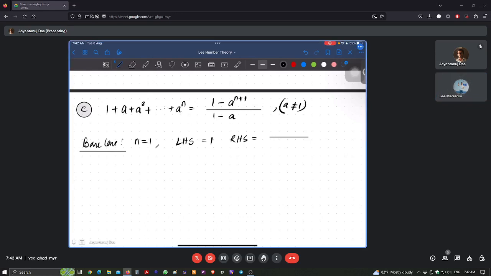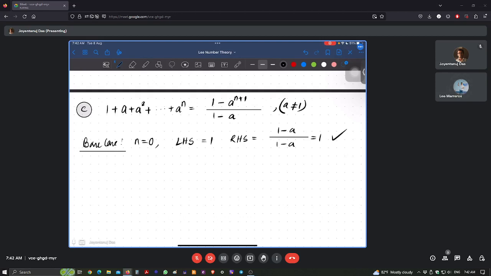So this is n equals to 0, right? It starts from 0. Okay. So that's why the LHS is 1. Because if n equals to 1, then the LHS was also 1 plus a, right? Then it will be 1 minus a divided by 1 minus a. That is also right. So this is fine, right?